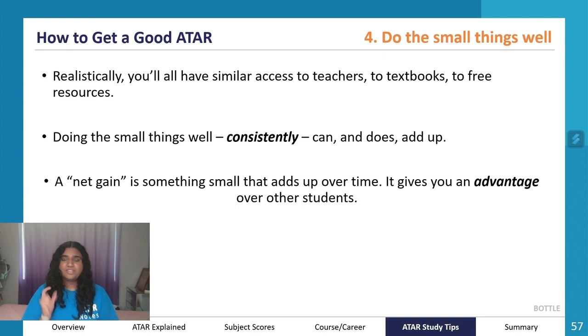Tip number 4 is do the small things really, really well. If you're able to consistently get small tasks done, it's going to add up to a great amount of productivity. Realistically, everyone out there has similar access to school teachers, to textbooks, and to free resources. If you do small things well consistently, it adds up.